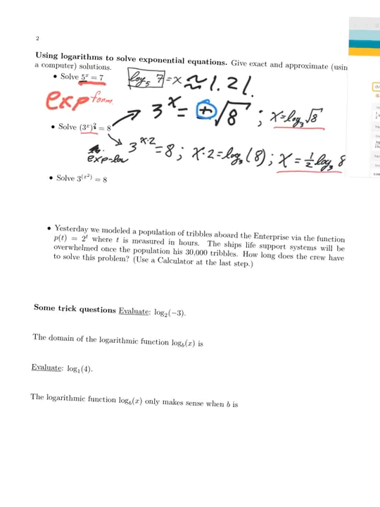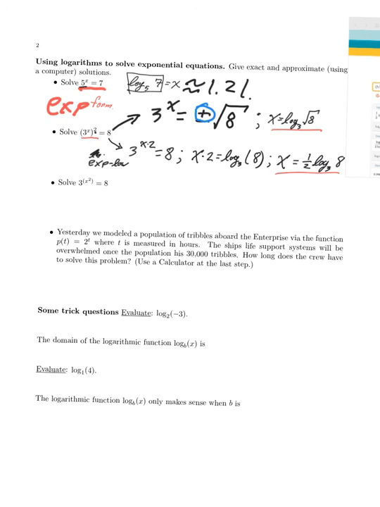All right, well, that's fine. Let's solve this next equation: 3 to the x squared is equal to 8. And there are also multiple ways to think about this. So let's see, this is in exponential form. It's 3 to a power is equal to 8.